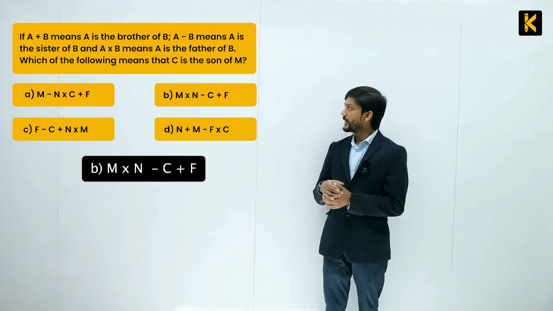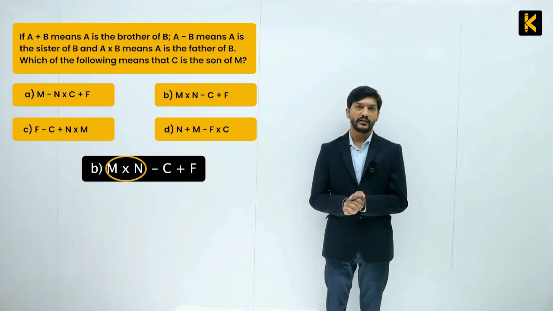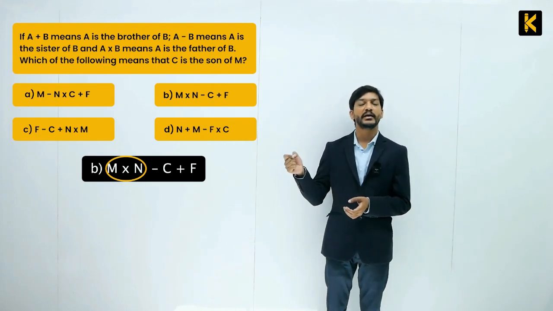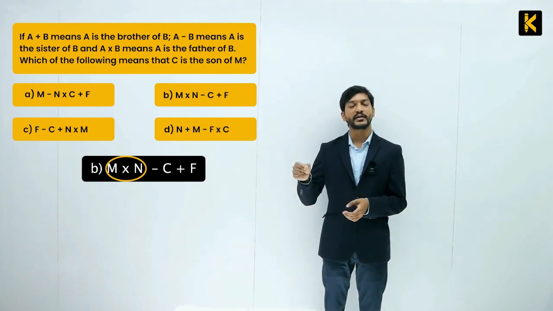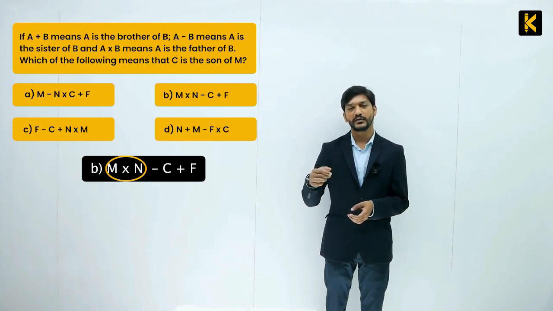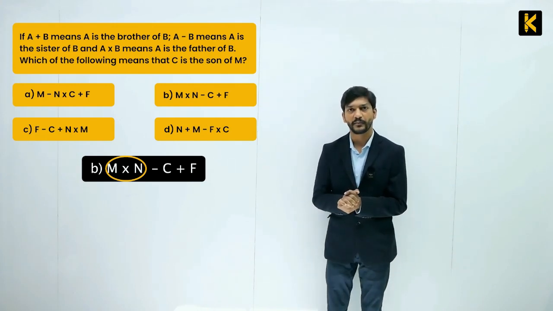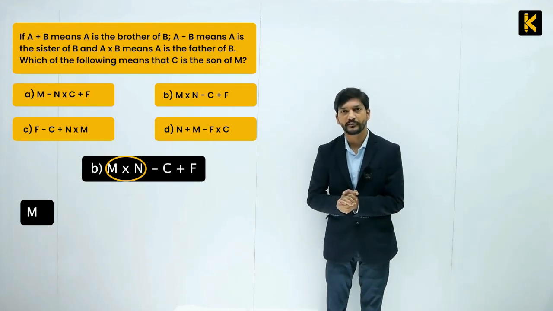So take the first part of this B option. The first part is M cross N. So M cross N means M is the father of N, just like A cross B means A is the father of B. So M is the father, so M will be one generation above.